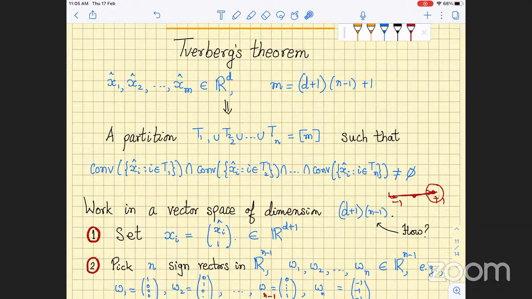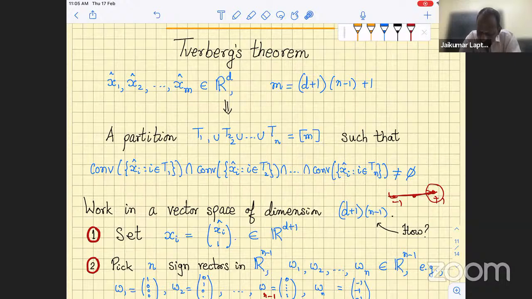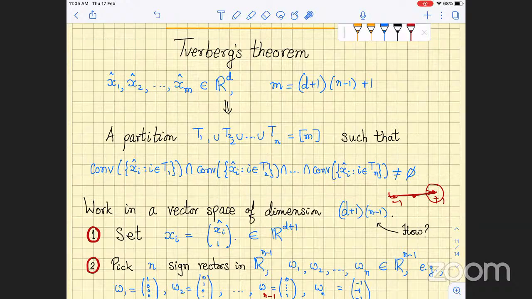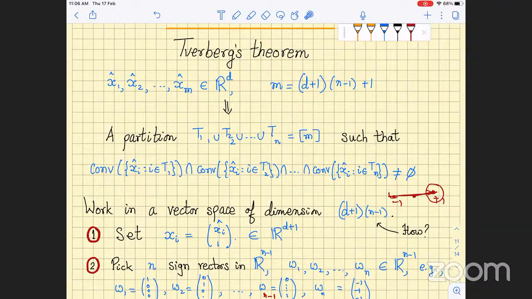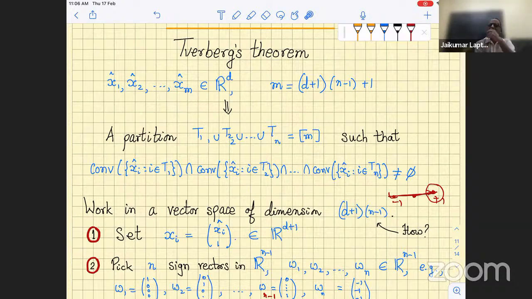Questions? I have some general question. I don't know if it is related or not. Yeah, please. So can Radon's theorem be related to VC dimension somehow? It looks like that we should be able, at least for linear spaces, because we are able to find two sets whose convex hulls have an intersection.